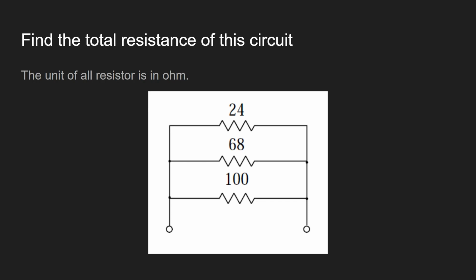So you know that 1 over R will be 1 over 15. This 1 over R equals this one, right? So R equals 15 ohm. Because this is 1 over R. Or you can write it this way: 1 over 24 plus 1 over 86 plus 1 over 100, and the result you will have is 1 over 15.